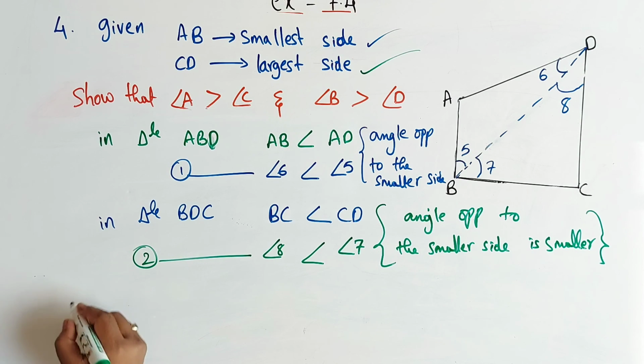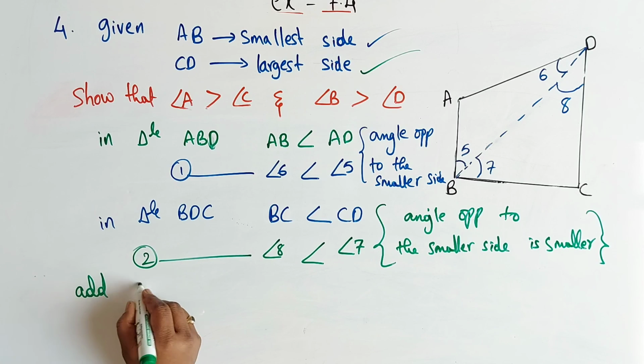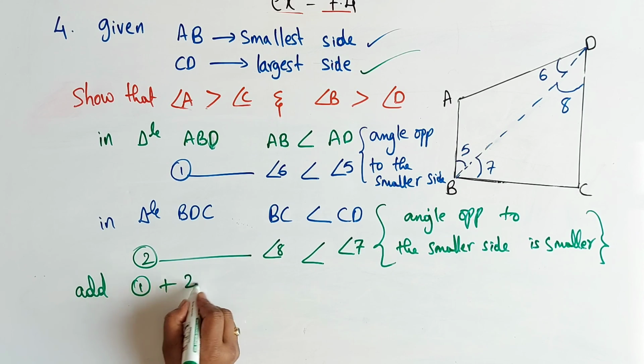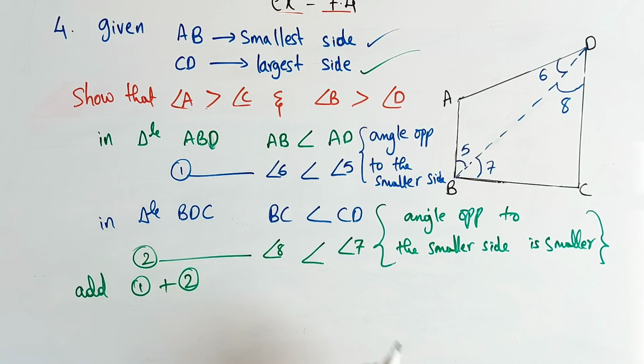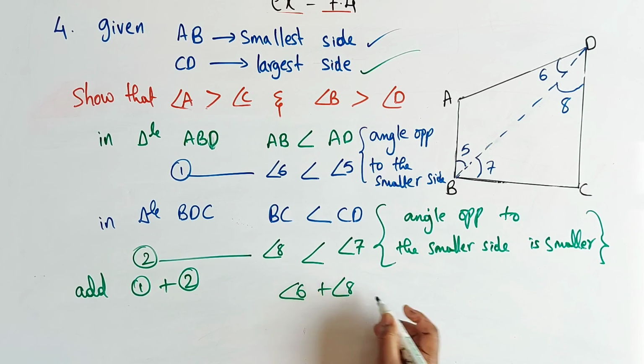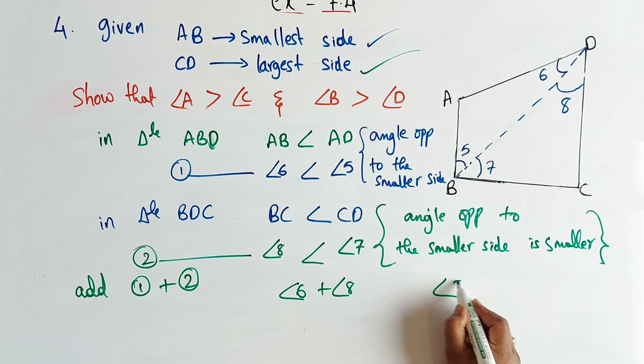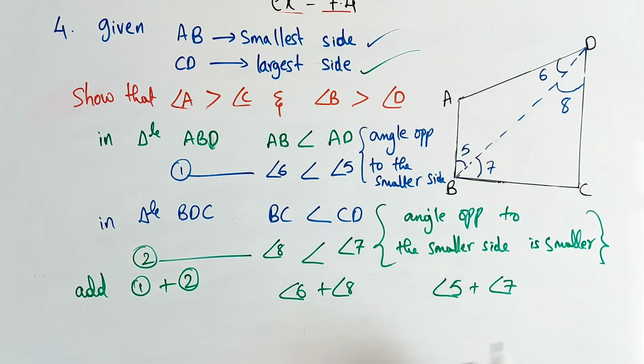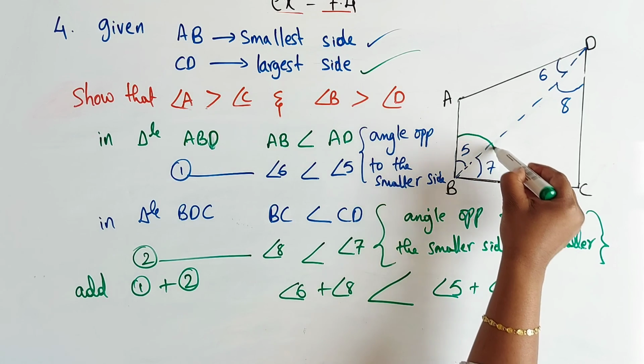So consider this equation as 2. Now add 1 and 2. Same process. Here and here, children, I am adding angle 6 plus angle 8, and here angle 5 plus angle 7. Correct. When you are adding these two, this is less than angle 5 plus angle 7. What is angle 5 plus angle 7, children?